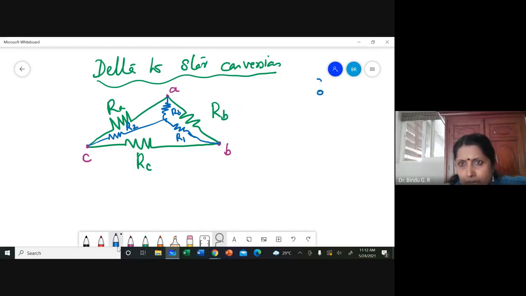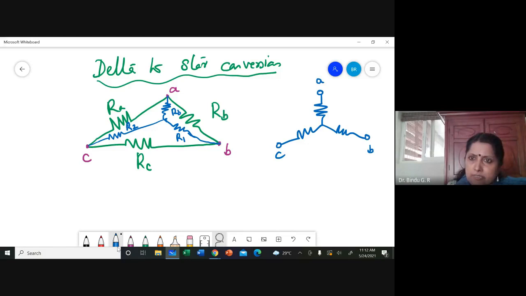That is, across the points A, B and C, I should have a star instead of a delta, where this is R3, this is R1, this is R2. You can number it in any manner. So at terminal A, R3 will be connected, at terminal B, R1 will be connected, and at terminal C, R2 will be connected. How do I make the conversion?